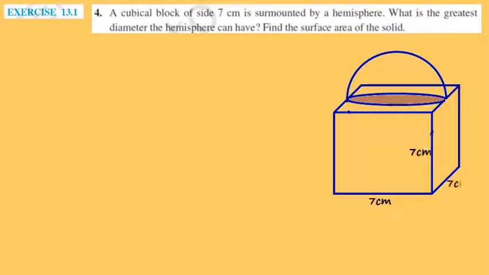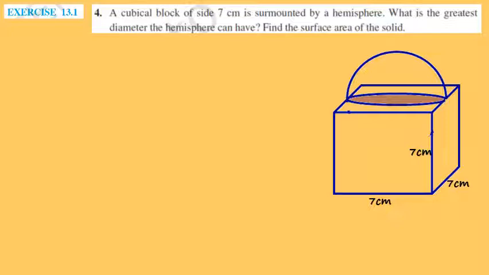A cube, and on the top face of the cube, a hemisphere is kept, with its base circle on the top face of the cube. And the question is, what is the greatest diameter the hemisphere can have?